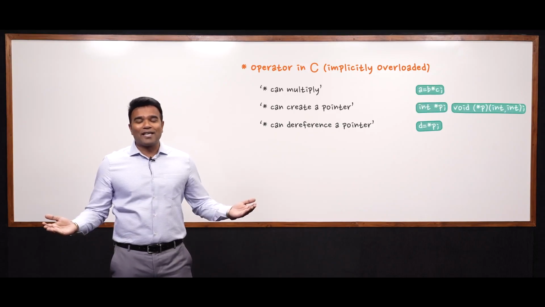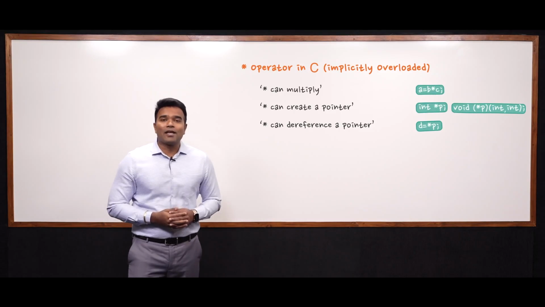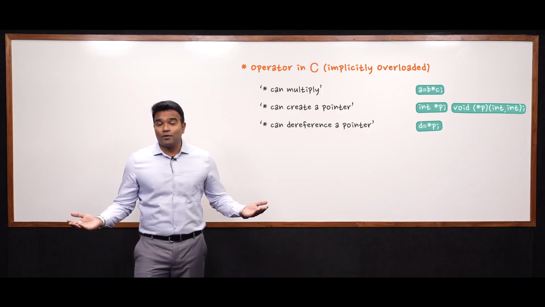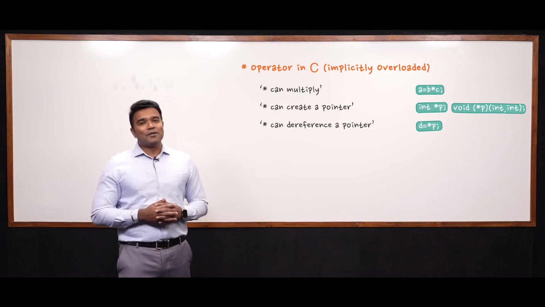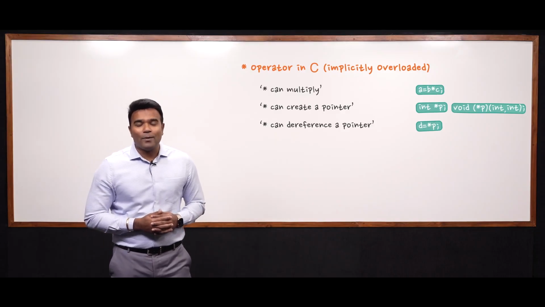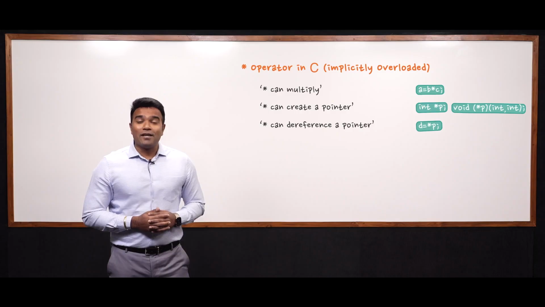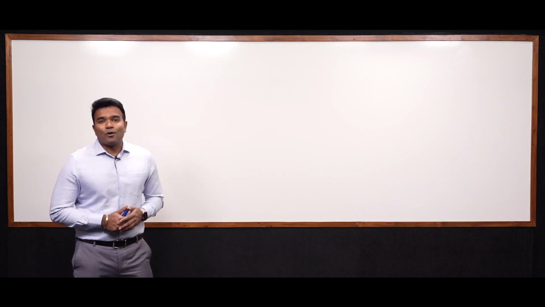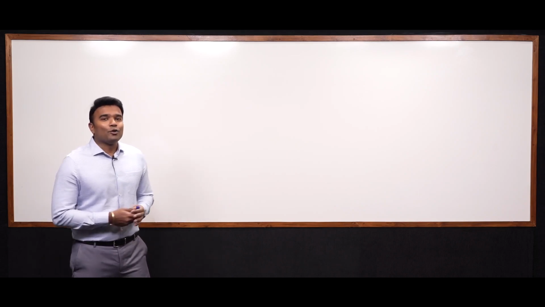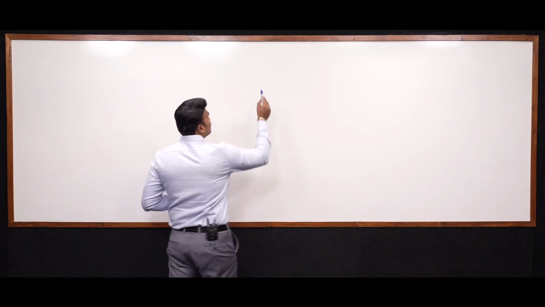And if you are an expert in figuring it out, then pointers are never going to confuse you. Anyway, let me clarify each of it in detail for you. Let's understand the different roles that the star operator plays in C language through this example.